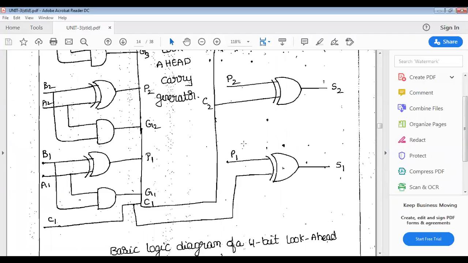And finally that P1 is connected to another exclusive OR gate here. That is the second half adder, the second half adder exclusive OR gate.